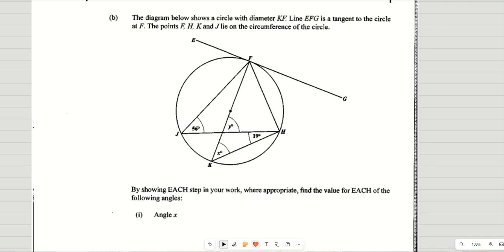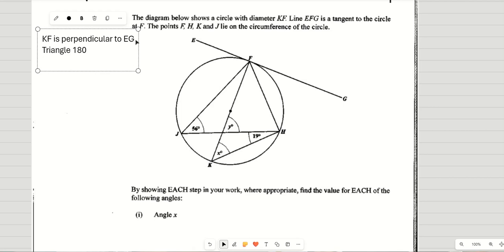So again, before you do this, what can we deduce from this image? I'm going to do the tangents first. XF is perpendicular to EF. Then we can also say that the angles in a triangle add up to 180.